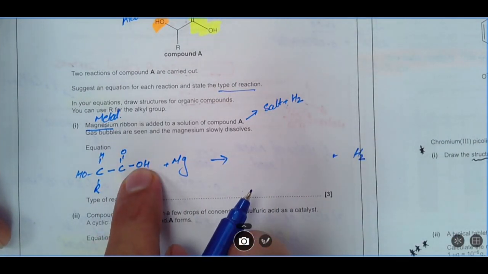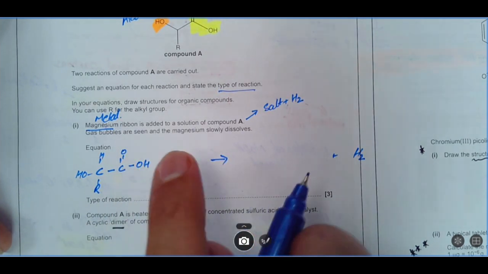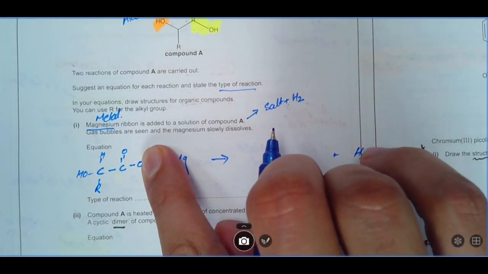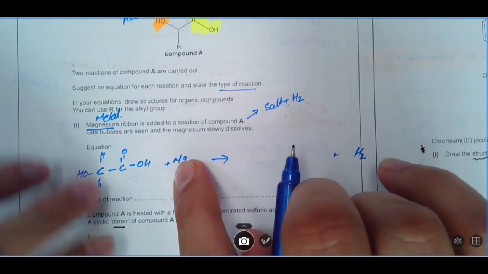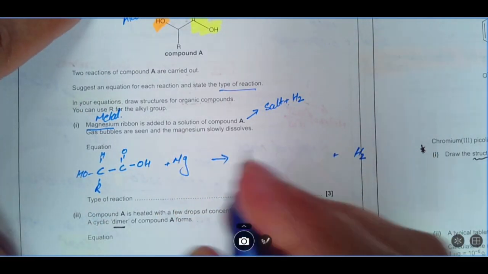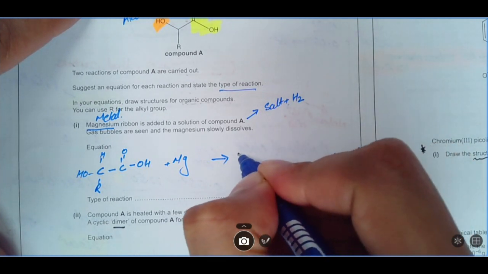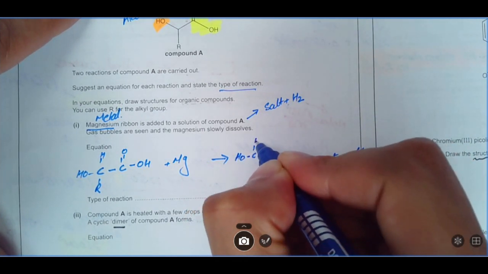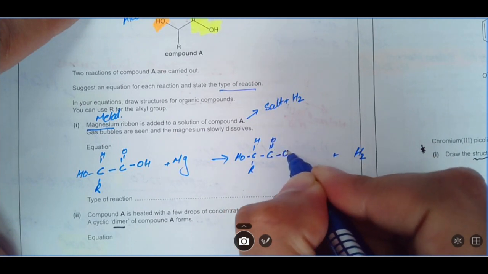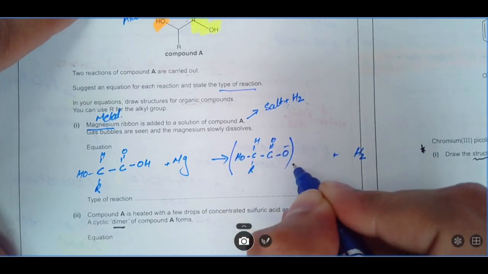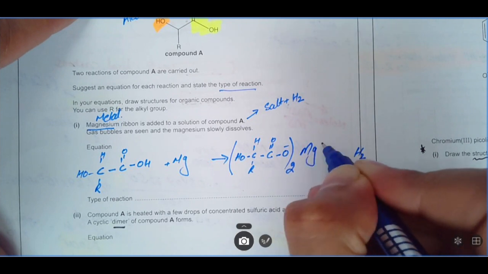Now it can release only 1 hydrogen. So if it releases 1 hydrogen, this means if I take this hydrogen away, it will form a 1 minus ion. But magnesium will produce 2 plus ions. So what will happen in this case? I'll have to write it down as HO dash C H dash R dash C double bond O dash O negative, times 2, and Mg2 plus.